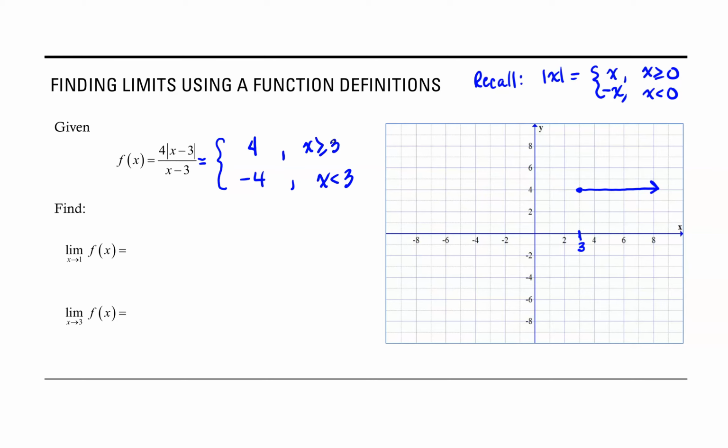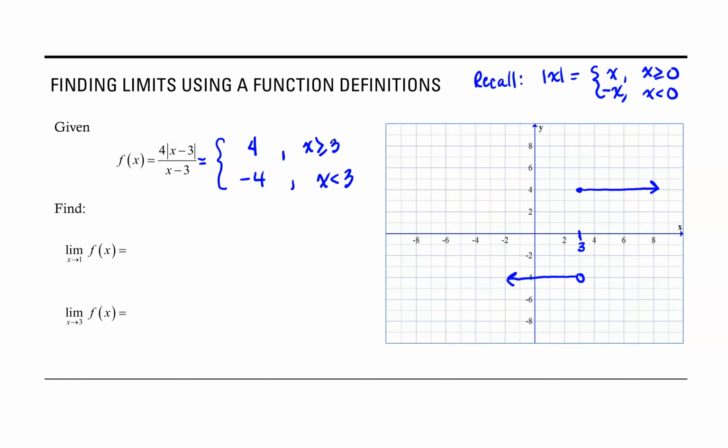So here's 3, here's negative 4. That will be an open circle because this piece of the function being negative 4 only occurs for values of x less than 3. So now we're ready to find the limits.